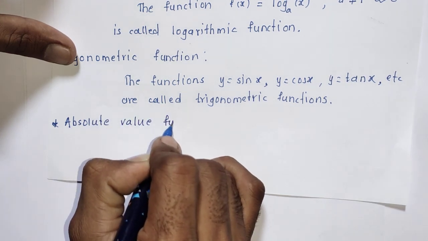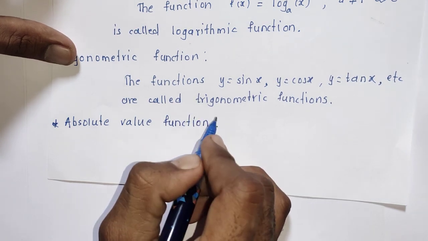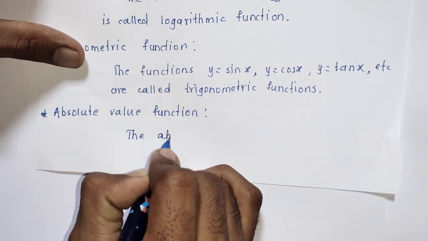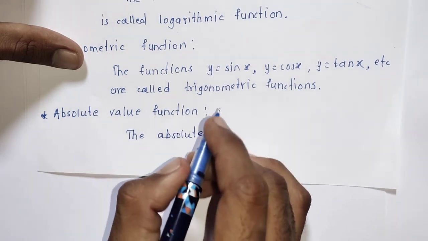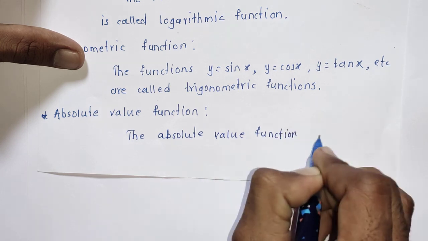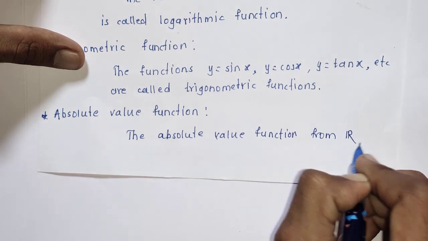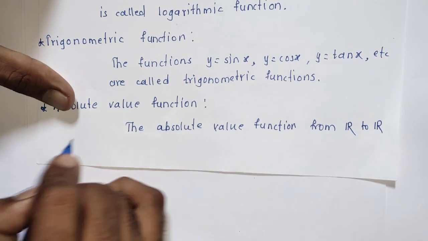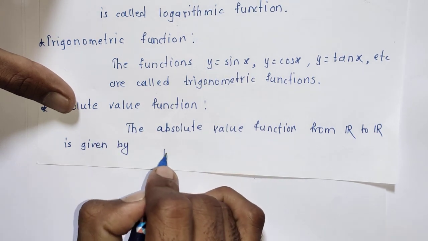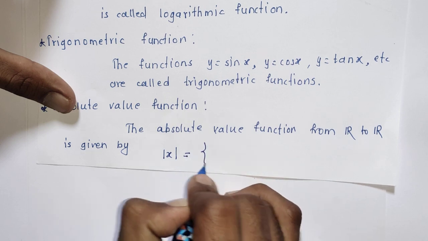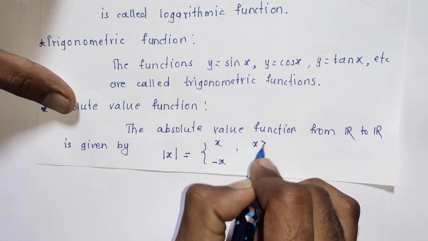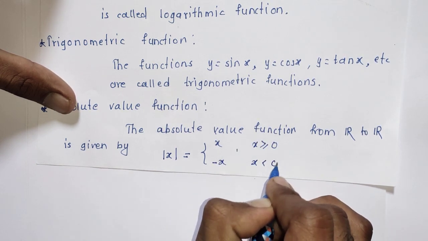The absolute value function from R to R, from real numbers to real numbers, is given by f of x is equal to mod x, that is, the absolute value of x is equal to x whenever x is greater than or equal to 0, and minus x whenever x is less than 0.